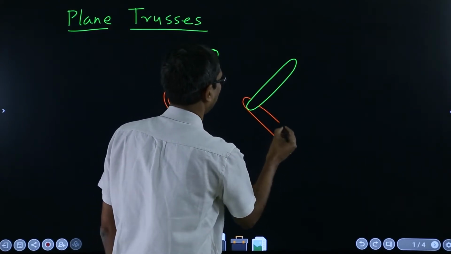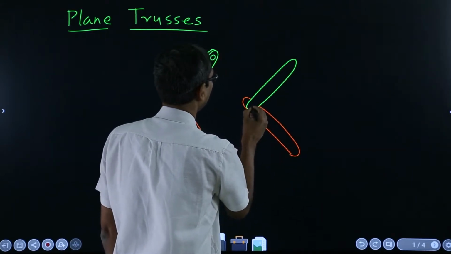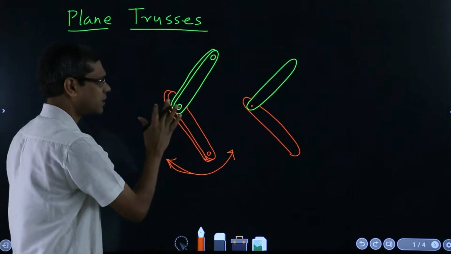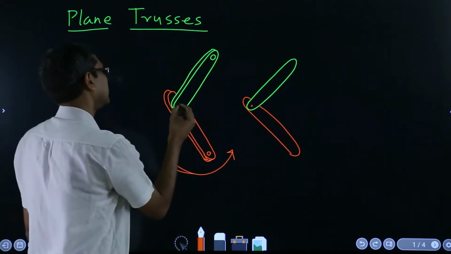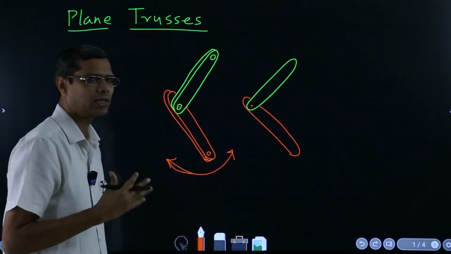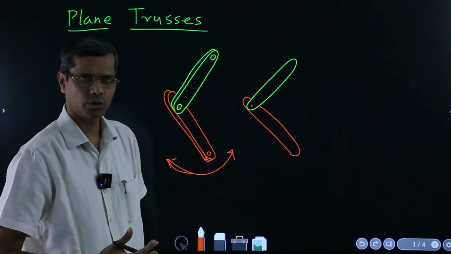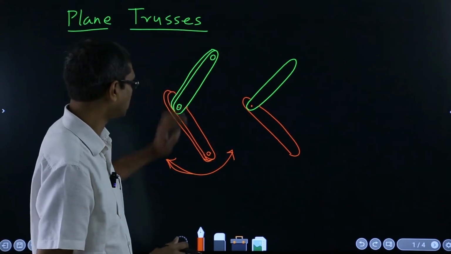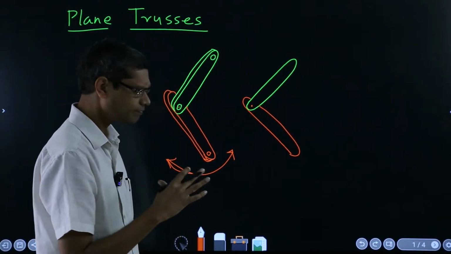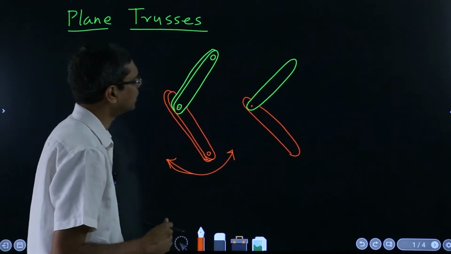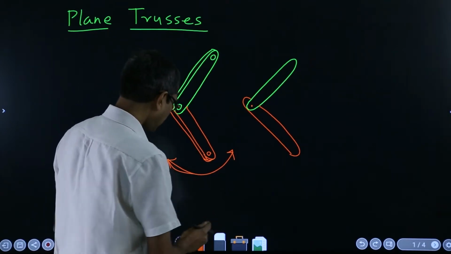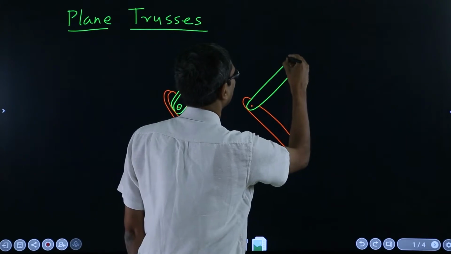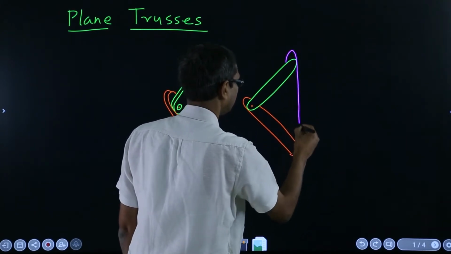In fact, without even this point being drawn, you should understand that such a thing exists, and there is a pin joint over here. All the details we are not going to show in the picture. Only this much will be the representative diagram for this kind of configuration.